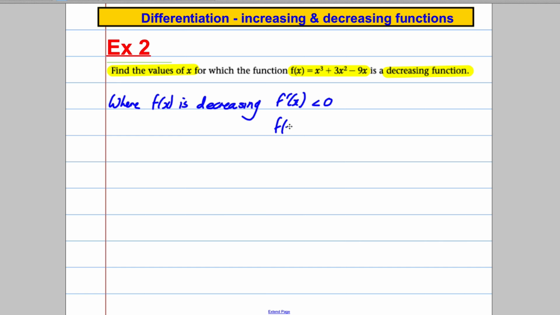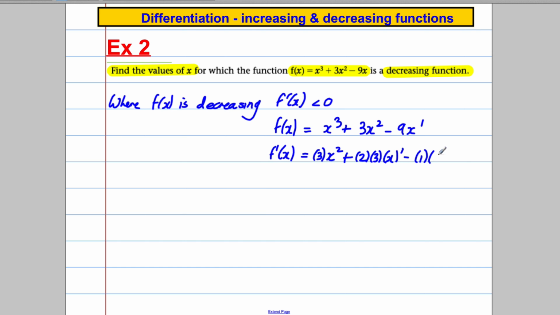So because we know f of x is equal to x cubed add 3x squared subtract 9x to the power 1, we can work out f dashed x, which is bring down the 3, keep the x to 1 less power, plus bring down the 2, keep the 3, keep the x to 1 less power, and then bring down the 1, keep the 9, and x to the power of 0. And tidying that up, f dashed x must be equal to 3x squared plus 6x subtract 9.